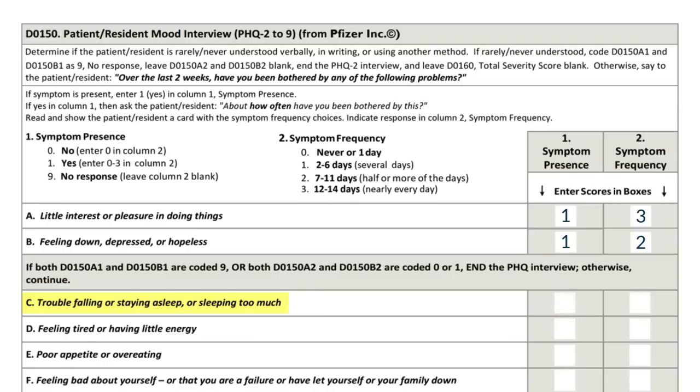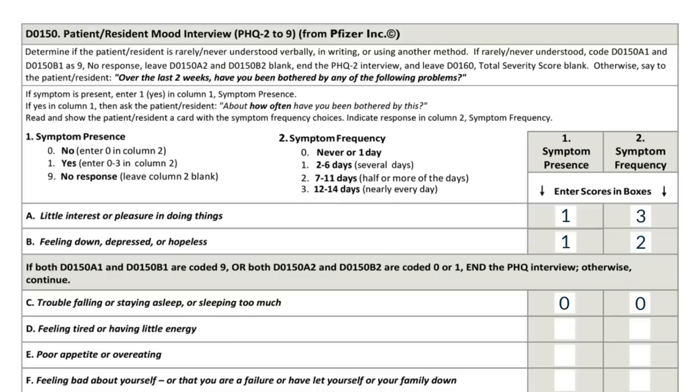The correct coding for Ms. Swanson's mood interview symptom presence for D0150C1 would be 0, no. Ms. Swanson reported that she has not been bothered by trouble falling asleep or staying asleep or sleeping too much. The correct coding for Ms. Swanson's symptom frequency for D0150C2 is 0, never or 1 day. Per the coding instructions, you would enter a 0 in column 2, symptom frequency, if column 1, symptom presence, is coded with a 0.